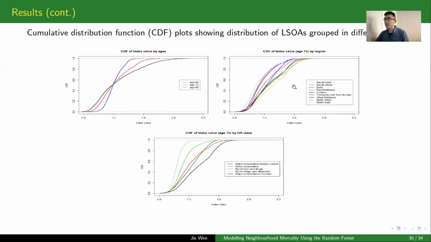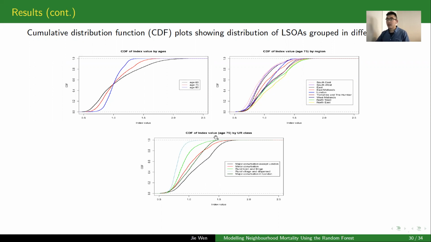On the side of having a high index value, there are many more RSOAs distributed in the northwest and northeast compared to the southeast and southwest. So by looking at the value of this life index, northwest and northeast are the two regions having the highest relative mortality risk at age 75, and southeast and southwest are the two lowest mortality regions at pensionable or retirement age.